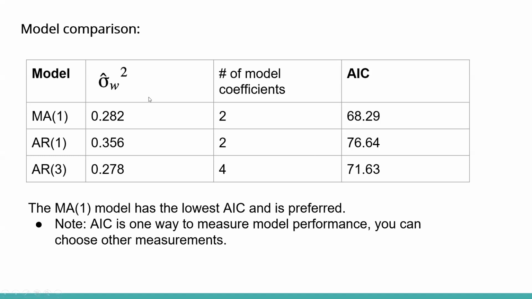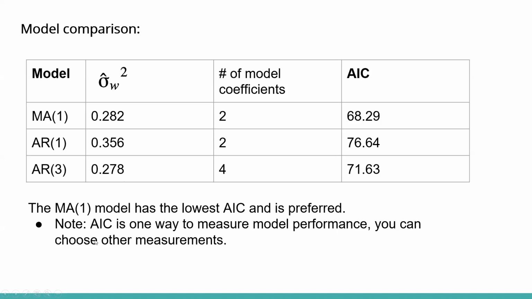Somebody is going to say, but look at the variance. If you are looking at the variance, AR of order 3 is better. But you know what? AIC is superior to the estimated sigma squared. That was why I said AIC is one of the ways to measure model performance.